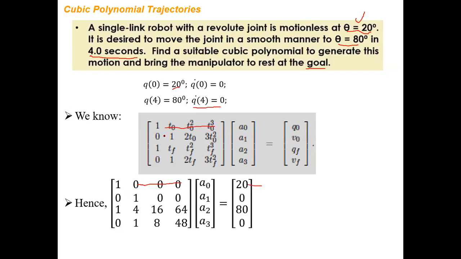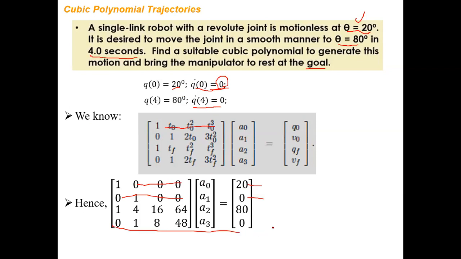Similarly, for 0, 1, 2 T0, both of them 0. So you have 0 and 1 here. Then V0 is 0. Similarly, you plug in all those things and you get this matrix equation.